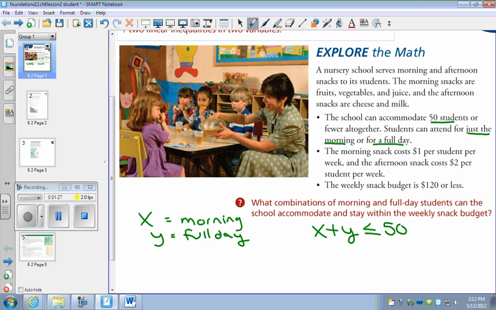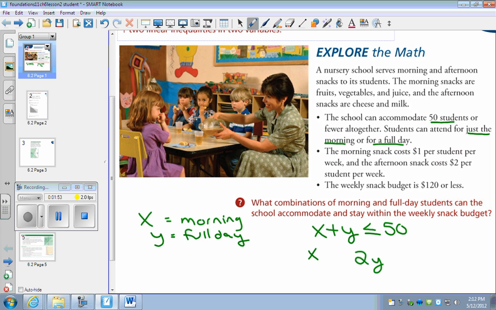Okay, and now let's look at how much it costs. The morning snack costs $1 per student per week, and the afternoon snack costs $2 per student per week. So the only people who get the afternoon snack are the full day people. So that's going to be $2 times each Y. But the morning snack, both the morning people and the full day get it.